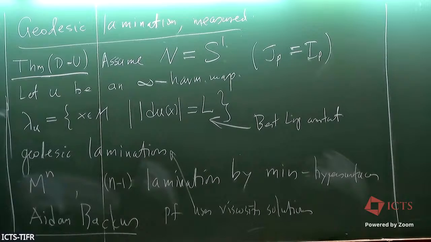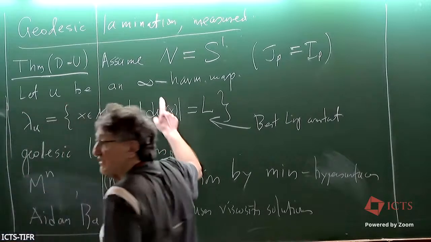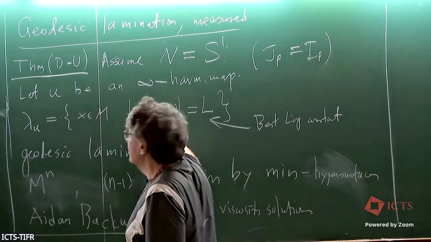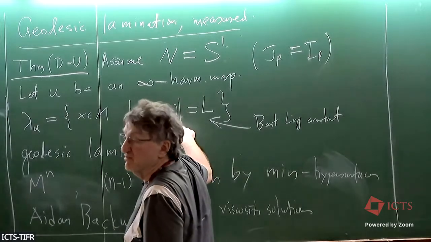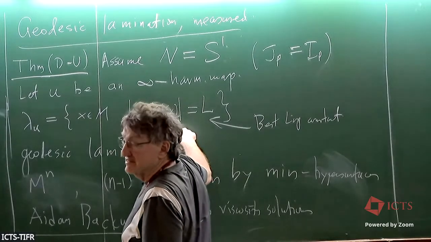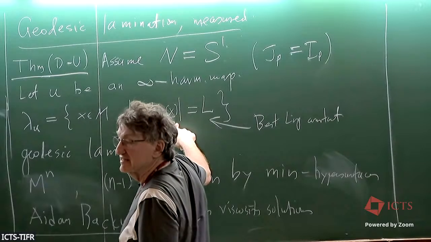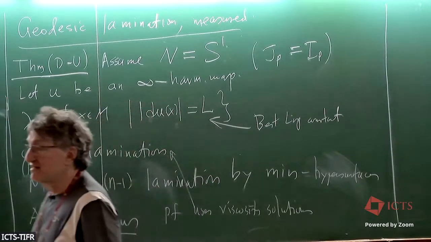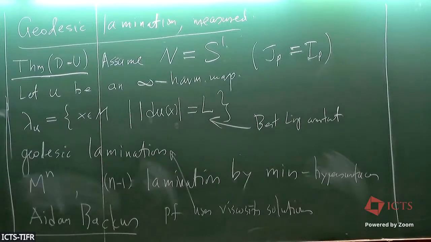So what does du of x mean here? You see, du of x is a cotangent vector now. It's the norm of the cotangent vector with respect to the Riemannian metric, which is actually the same as the local Lipschitz constant. You said you didn't know if u has any regularity.